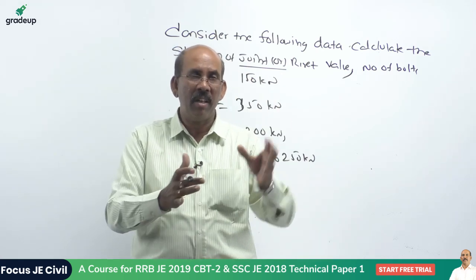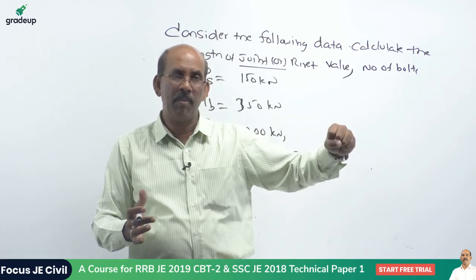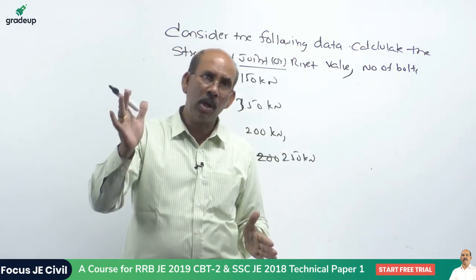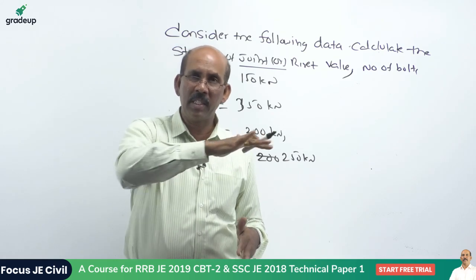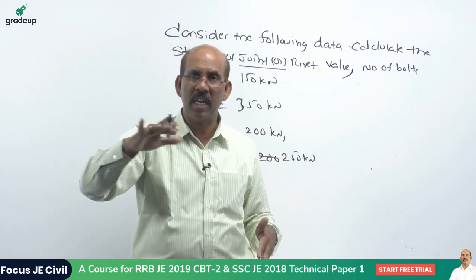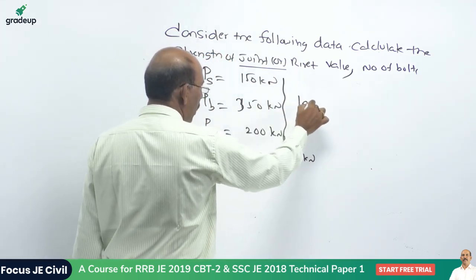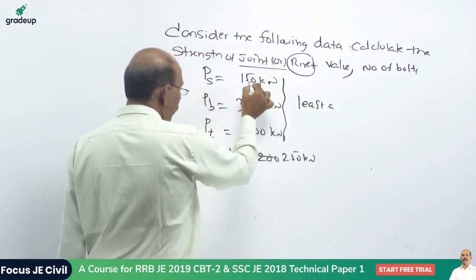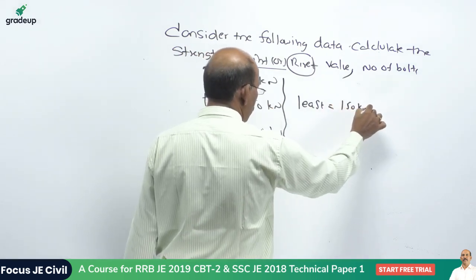But as an engineer, the design is made in such a way that the rivet value and the number of rivets which you are going to calculate are able to resist all the failures. That means a section should not fail in shear, bearing or tension. So the least of these is the rivet value. So among 150, 350, 200, the least is 150 kilonewtons.